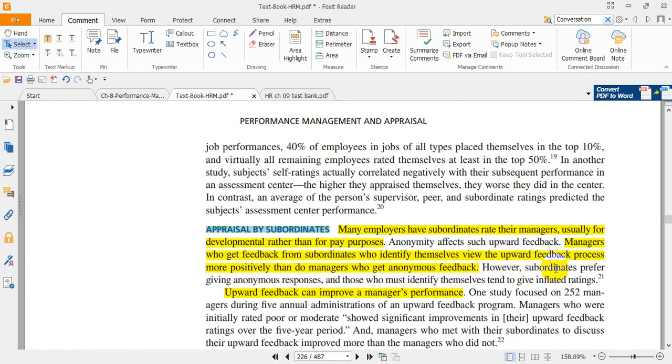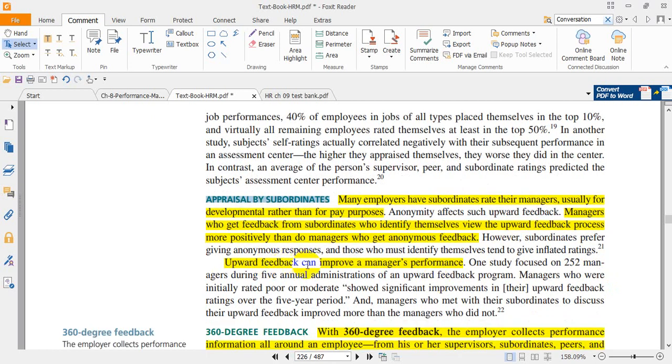However, subordinates prefer giving anonymous responses, and those who must identify themselves tend to give inflated ratings. Upward feedback can improve a manager's performance.